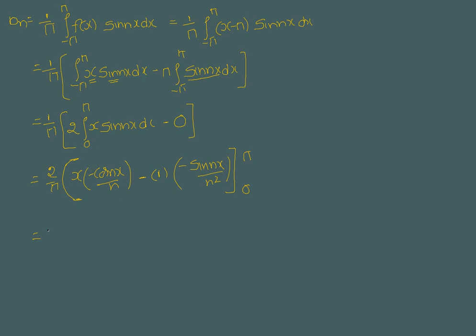Now substitute the limits: 2 by pi times [minus pi cos n pi by n, plus sin n pi by n square].